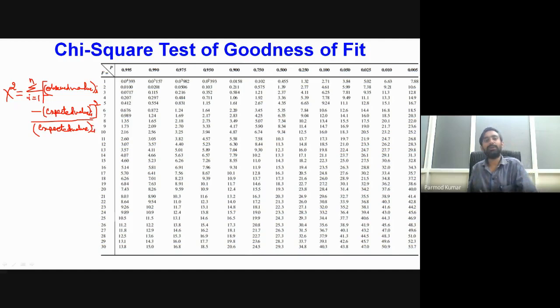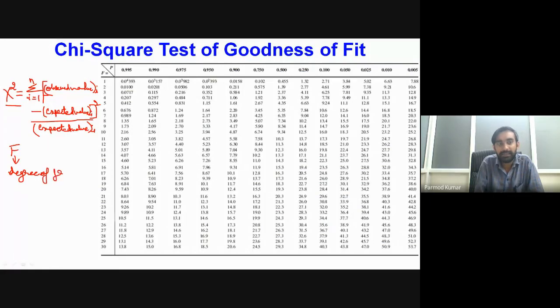Depending upon the value of chi-square and the number of available degrees of freedom, we calculate the probability, and the probability value tells us whether our data set has a good fit or not. Another important point is F, which is called the degree of freedom.